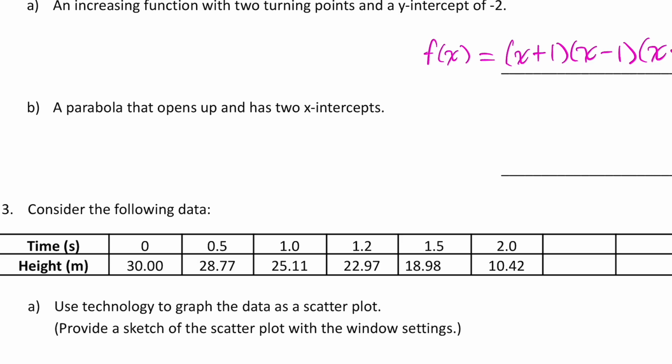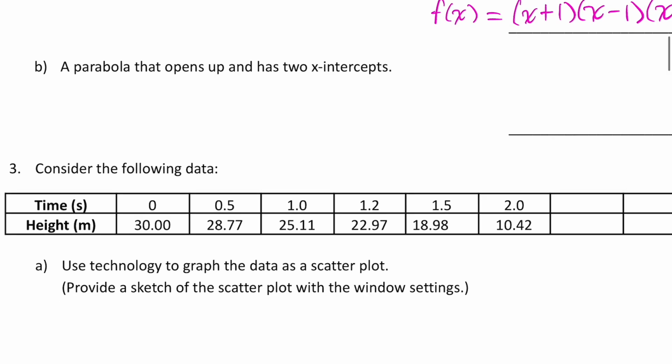Okay. So I guess it's just any parabola, I assume. So a parabola means that it has a degree of 2, right? And it's going to either be a smiley face shape or an upside down face shape. But for it to have two x-intercepts, it can't bounce.